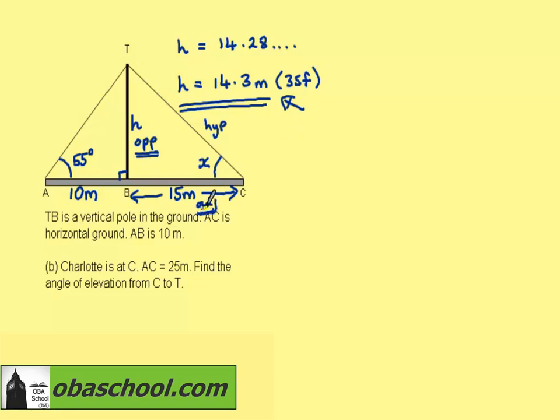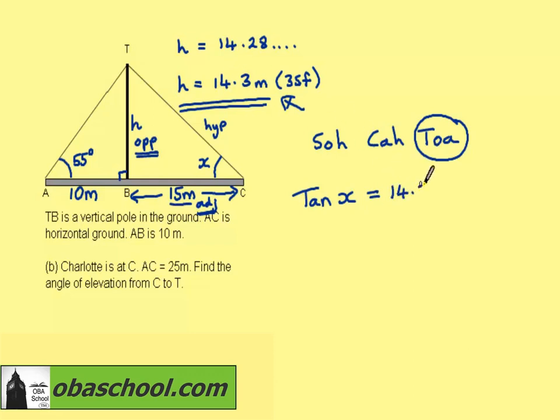And we also know the adjacent. Writing down our mnemonic, so soh, cah, toa. Here we have adjacent and opposite, O and A, so once again we need toa. So working from the definition, the tangent of the angle, which I called x, is equal to the opposite, which is 14.28 and so on.